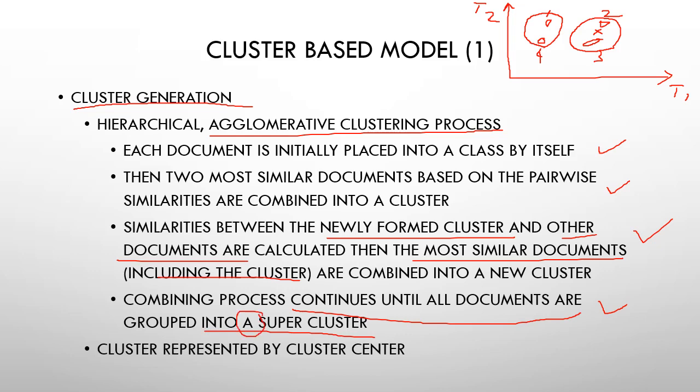In this case, because we have only two clusters, the next step of course would be measuring the similarity between the two. And since there are only two, we don't actually have to measure the similarity. The next step is combining these two, and the cluster center is represented probably at this position.